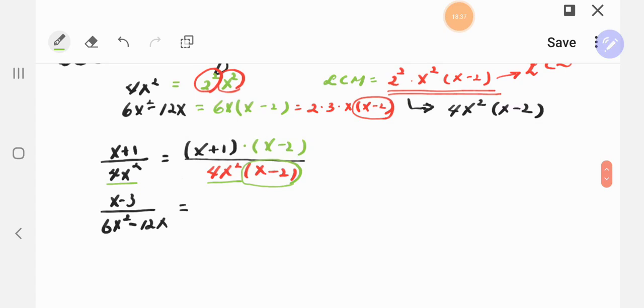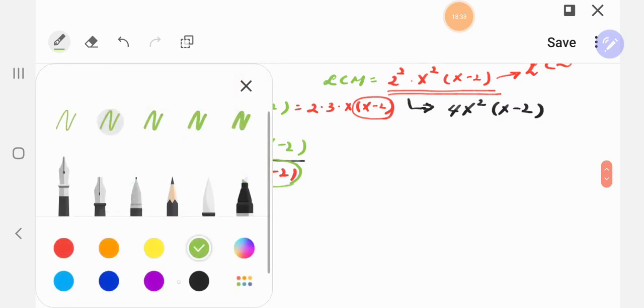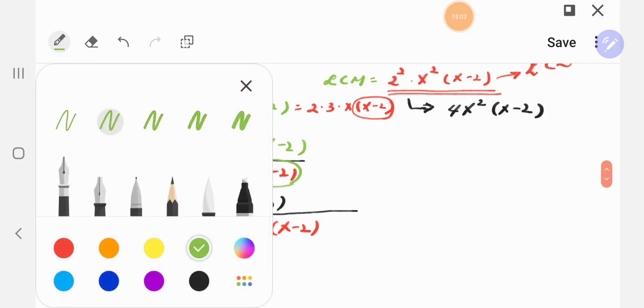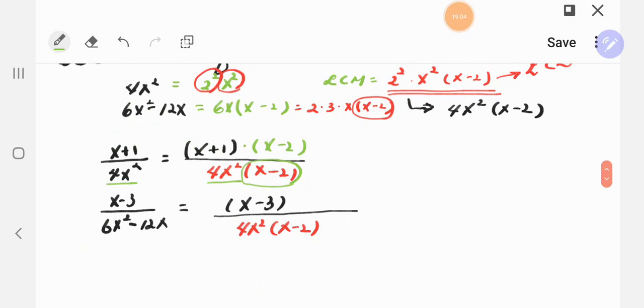For the second fraction, rewrite the fraction. The numerator is x minus 3, and the denominator will be replaced by the LCD, which is 4x squared times x minus 2. Let's check the extra factor that is multiplied to the denominator.